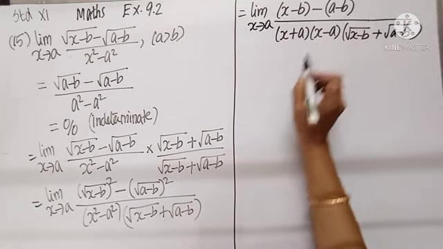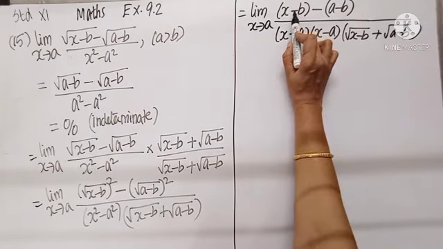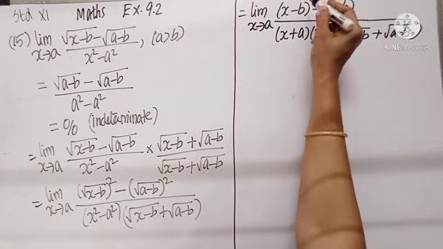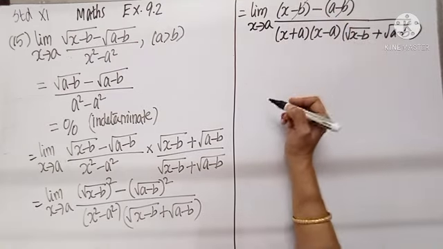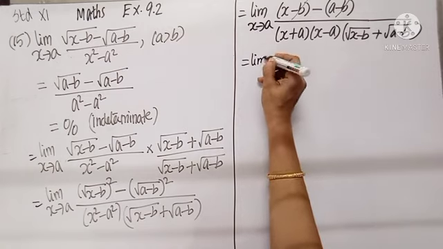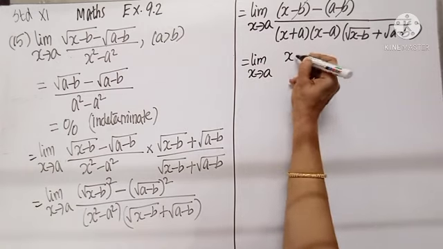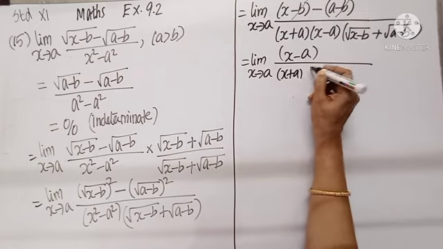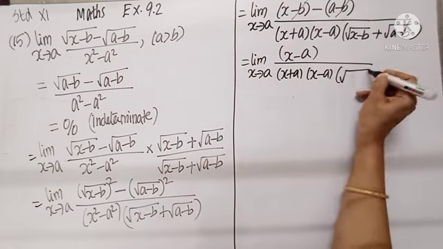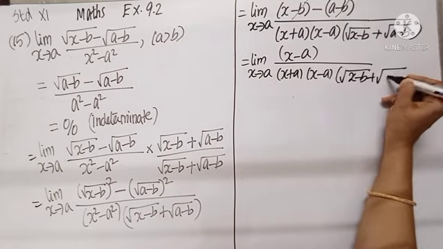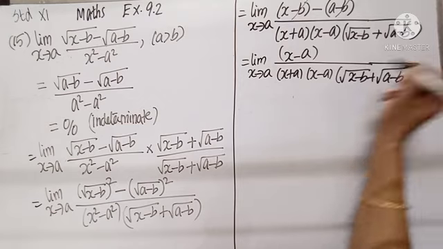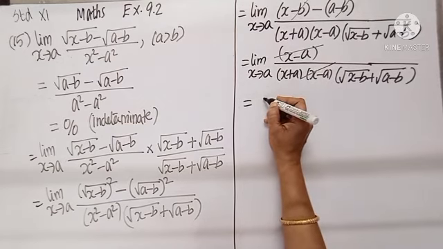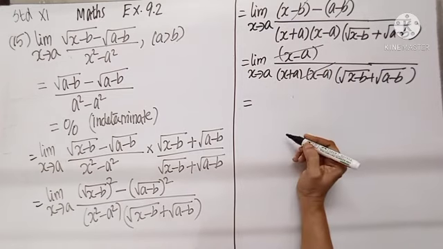As we see the numerator, minus b in between the minus sign, so I can cancel b and b. I am left with limit x tends to a, x minus a, denominator (x plus a)(x minus a)(root of x minus b plus root of a minus b). I can cancel the x minus a term. I am left with just 1 in the numerator.